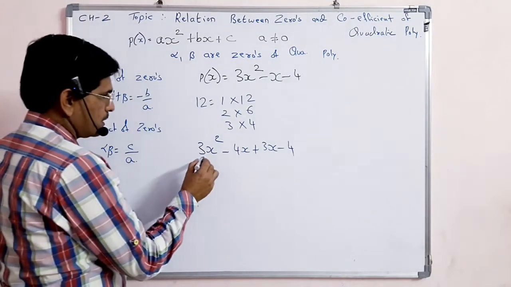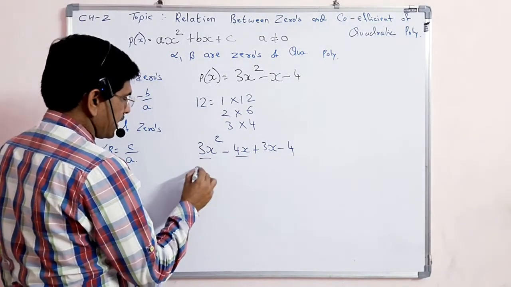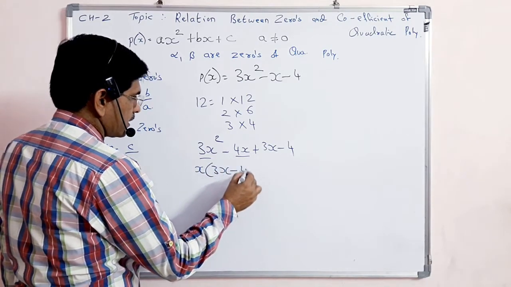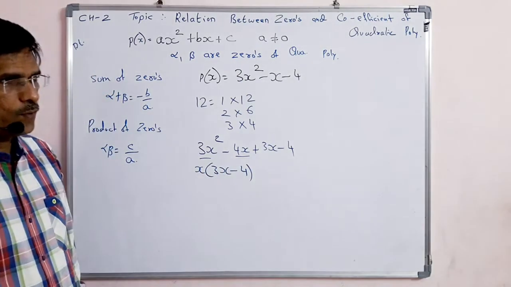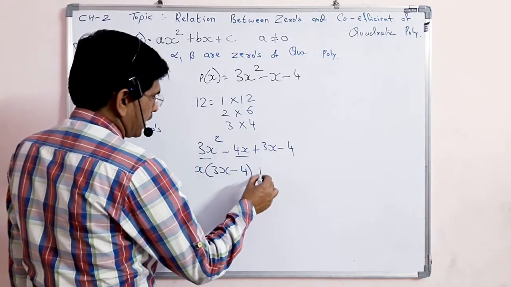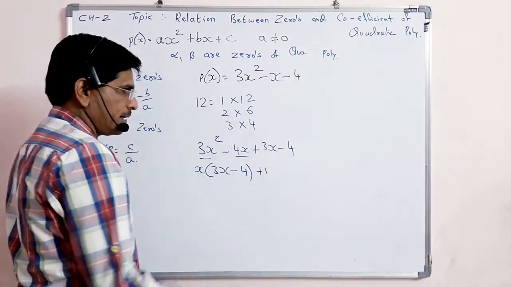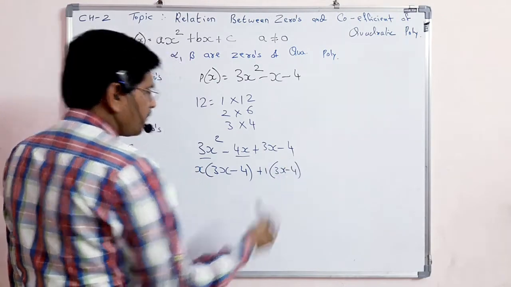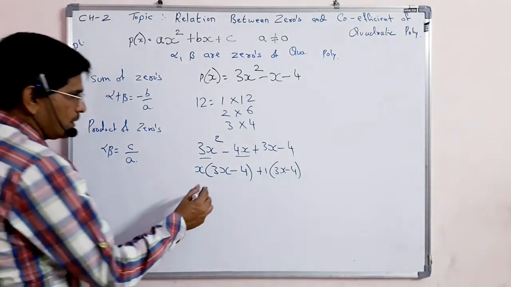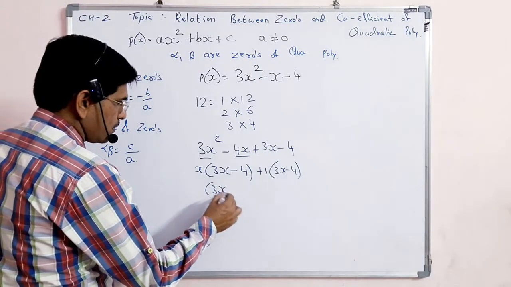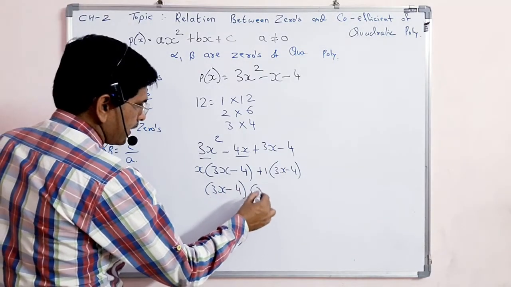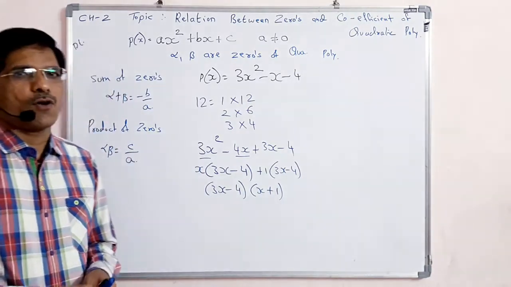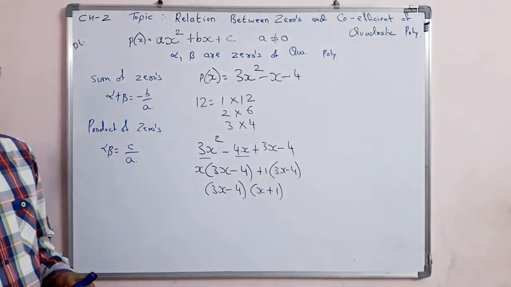Now the common factor between these two terms is x. So in the bracket I write 3x minus 4, and the remaining 1 I take common outside, with 3x minus 4 in the bracket. So 3x minus 4 and x plus 1 are the two factors of our quadratic polynomial.